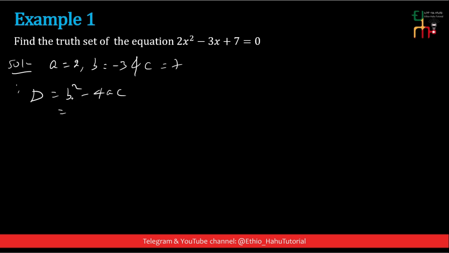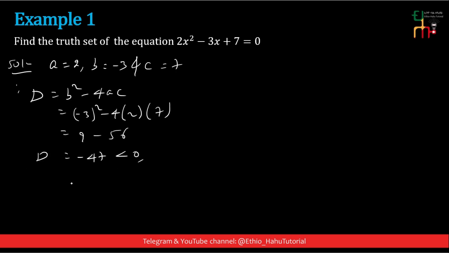This is equal to (minus 3) squared minus 4 times 2 times 7, which is 9 minus 56, which is minus 47. Since d is less than 0, the quadratic equation has no solution.